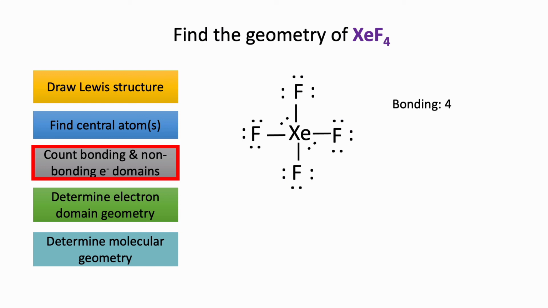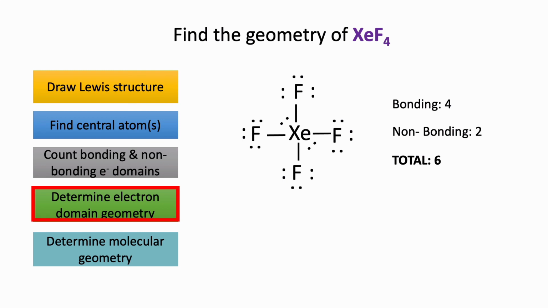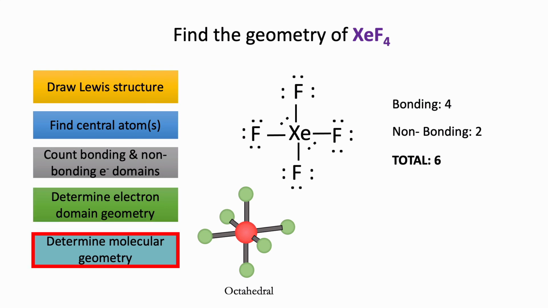So we have 4 atoms bonded, so that's 4 bonding domains. We have 2 non-bonding domains. That gives us a total of 6 electron domains for this molecule. So now our electron domain geometry, because it has 6 electron domains, is going to be octahedral. And our molecular geometry, because we have 2 non-bonding domains, is going to give us square planar geometry.